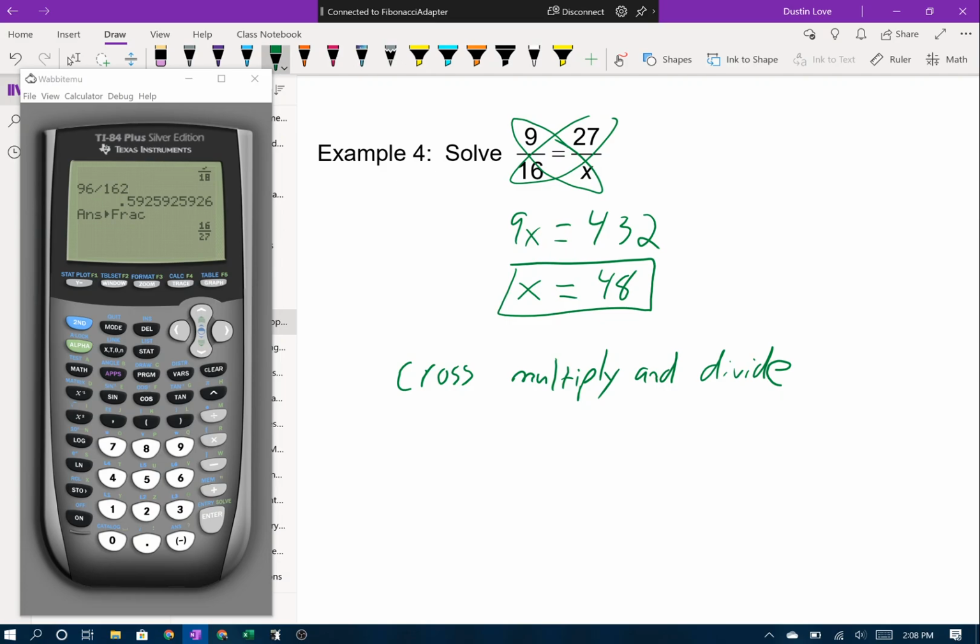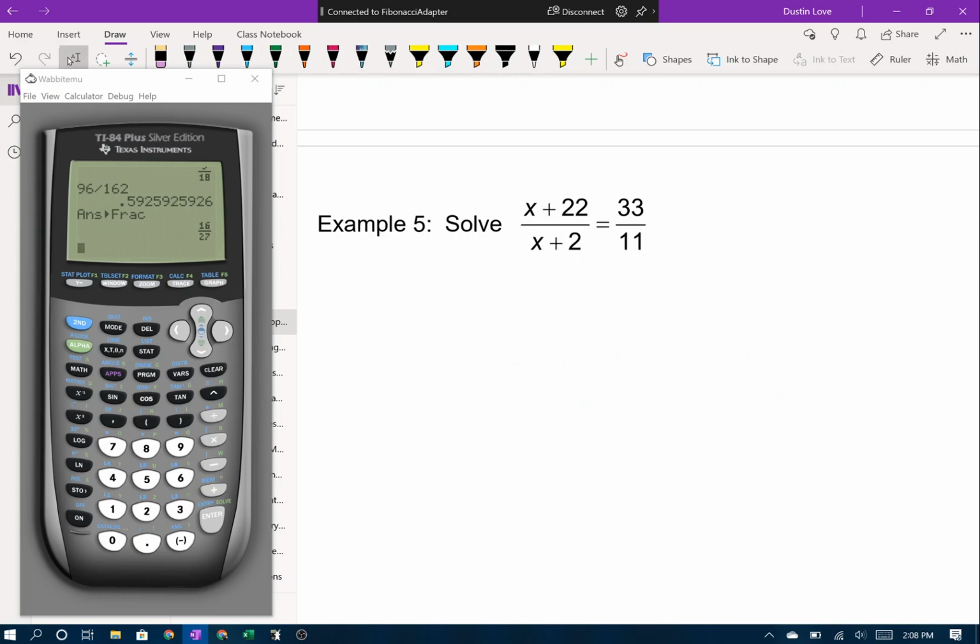Let's look at this. Now, first off, we didn't do it on the last one because you couldn't have, but in situations like this, reduce first if possible. Like, for example, this 33 over 11, will that guy reduce? Yes, to 3 over 1. Then cross multiply.